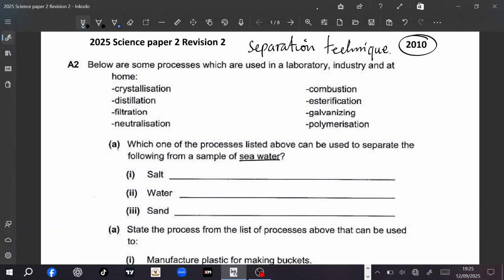Under separation techniques, we talk of ways in which we separate mixtures.